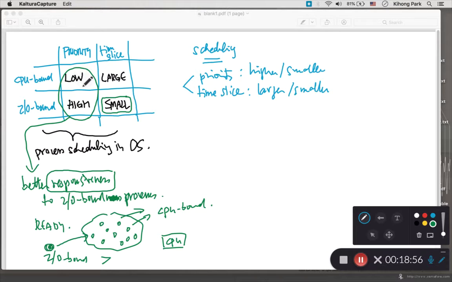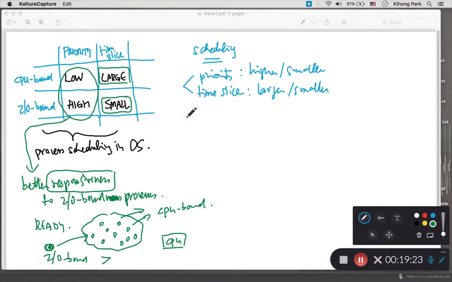On the other hand, if a process is CPU bound, we want to give it, compared to these guys, a low priority, but a large time slice. Of course, here we might think, oh, but if we give this guy a large time slice, won't that prevent these IO bound guys from being able to run because this time slice is large?